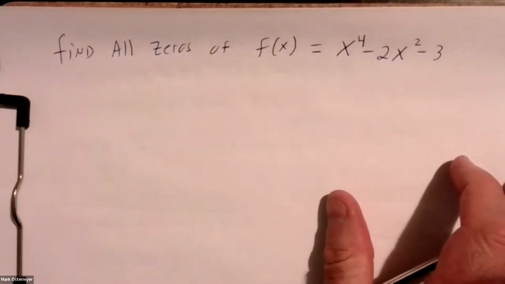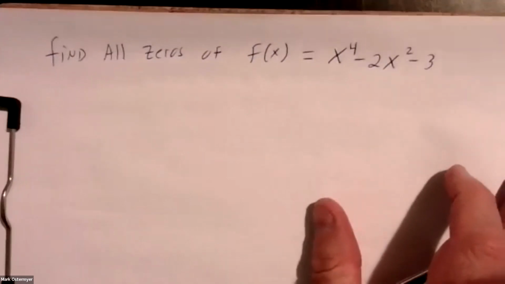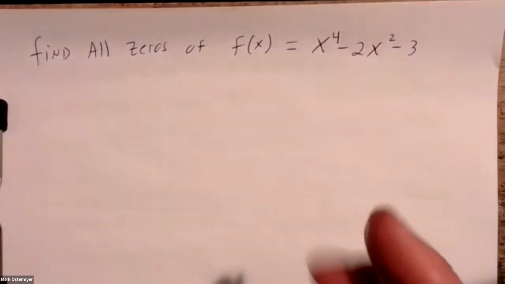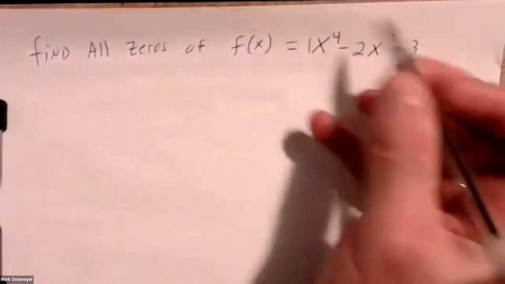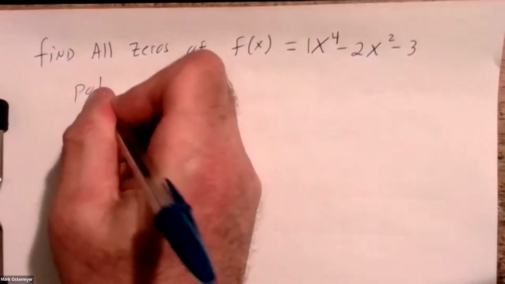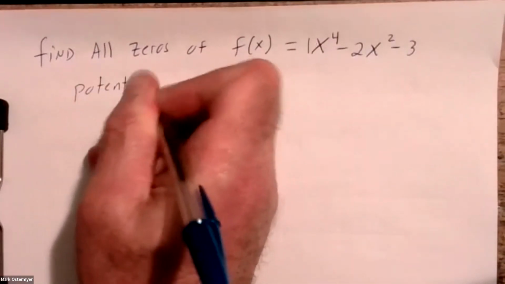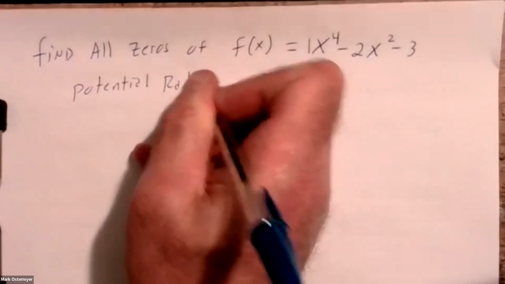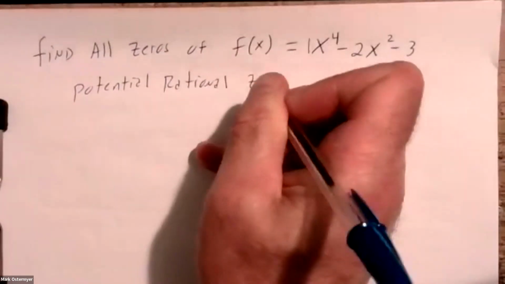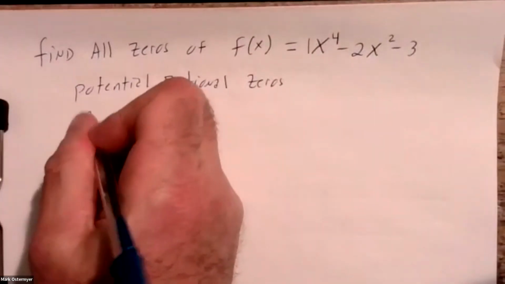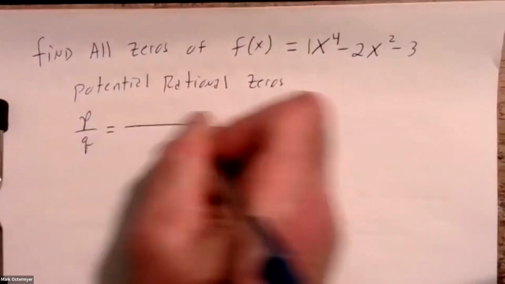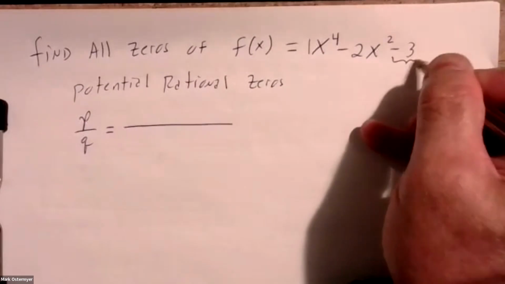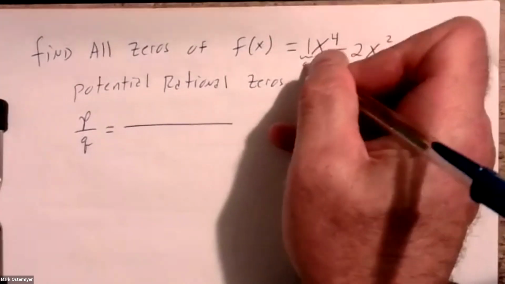Now we'll try this one here. All right, so I'm going to build a list of potential rational zeros here. They must be of the form P over Q, where P is a factor of the constant term at the end, and Q is a factor of the leading coefficient.